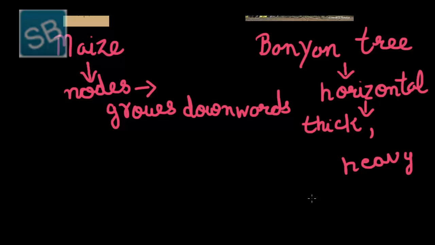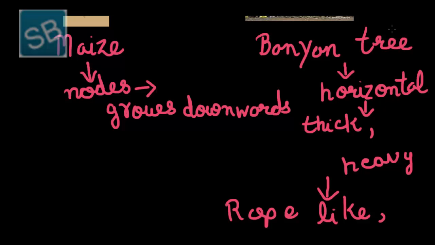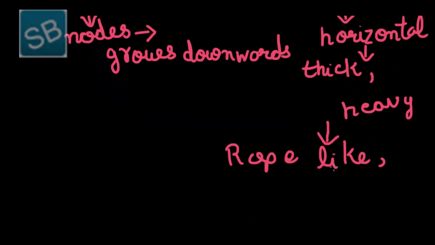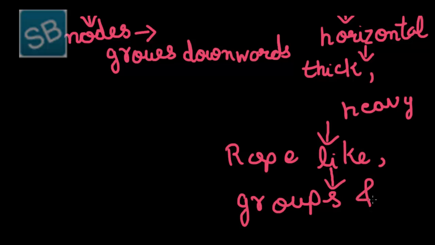Such roots are rope-like, thready in structure, develop in groups, and later become thick and pillar-like.